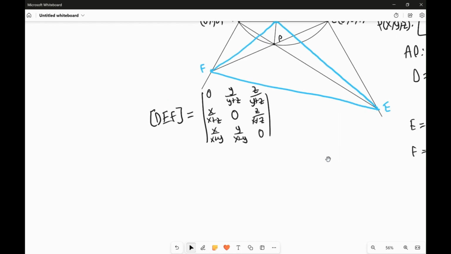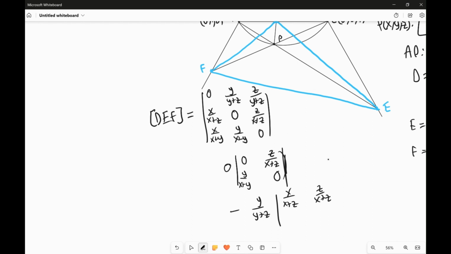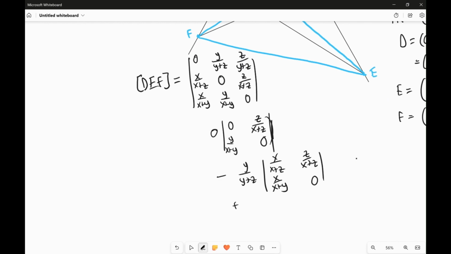By our formula, it must be equal to 0 times the determinant of (0, z over x plus z; y over x plus y, 0), minus y over y plus z times the determinant of (x over x plus z, z over x plus z; x over x plus y, 0), plus z over y plus z times the determinant of (x over x plus z, 0; x over x plus y, y over x plus y).